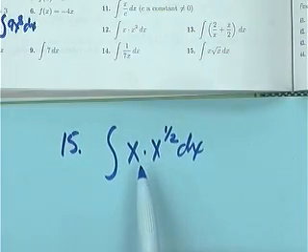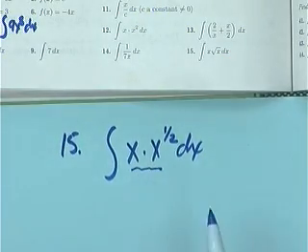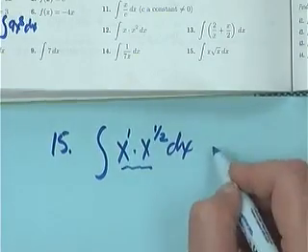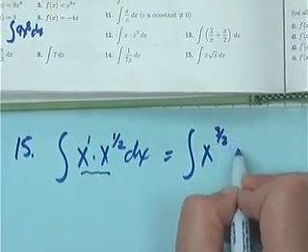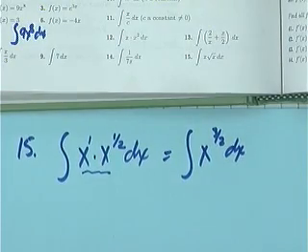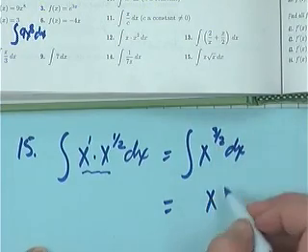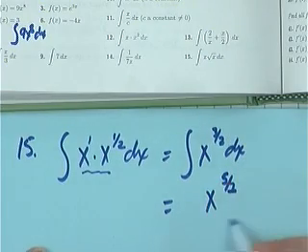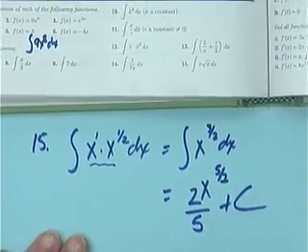That's a product. We know how to integrate term by term when it was added, but we got to find a way to simplify this before we can use the x to the r. So when the bases are the same, you add those exponents, right? So we have the integral of x to the 3/2, and now we're ready to integrate. So when we integrate, we're going to add 1 to it. So 3/2 plus 1, I think, is 5/2, right? Divide by 5/2 is multiplied by 2/5 plus c.